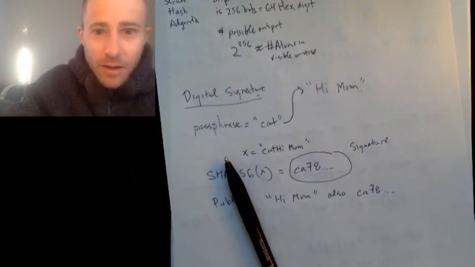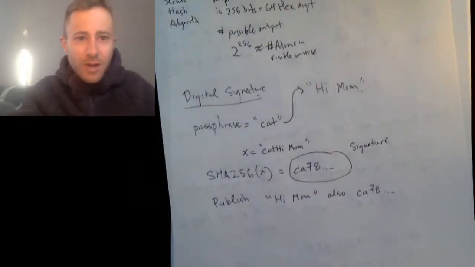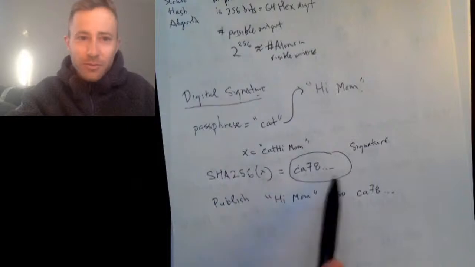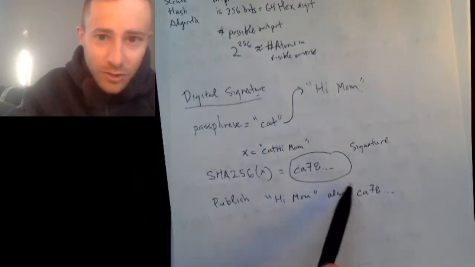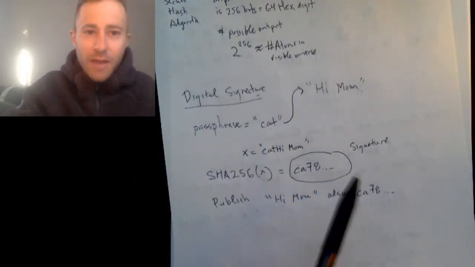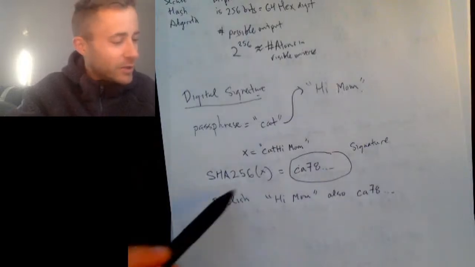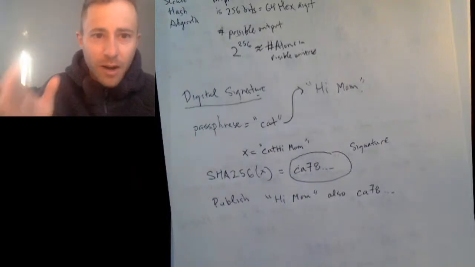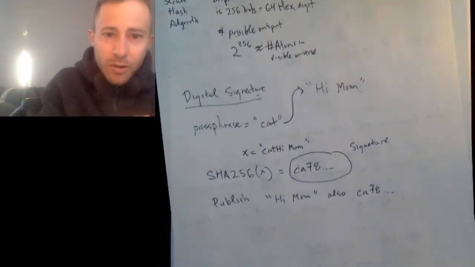Okay? So only the person who has the passphrase can produce the correct digital signature. And that has to do with the fact that the SHA-256 hash function is so complicated that it's impossible to guess what the passphrase would be.